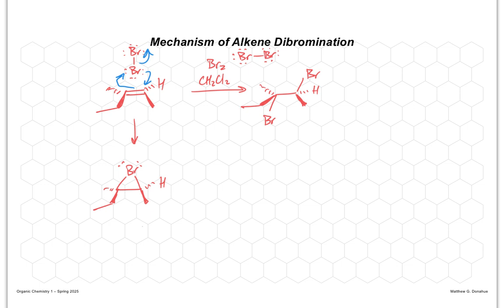We've cleaved off Br minus. We've generated a negative charge, and therefore we have to balance it out by a positive charge, and that positive charge is assigned to what element? So if you run through the formal charge equation, it's going to end up on this bromine.